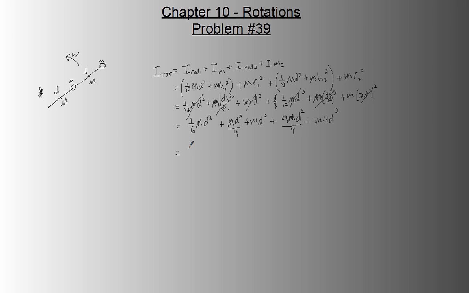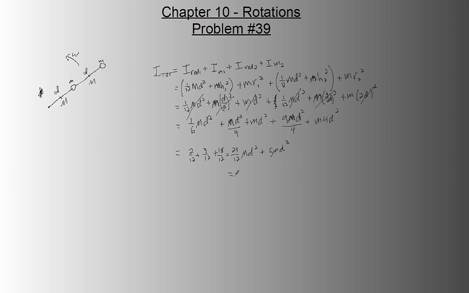So this is 2 over 12 Md squared plus this is 3 over 12, and this is 18 over 12, and that's 23 over 12 Md squared, plus then the little m's, we've got 4, 5 of those, 5 little md squared.